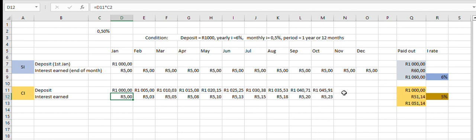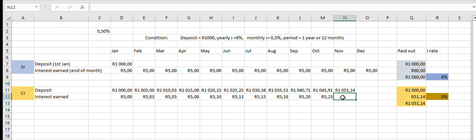So my capital in November will be equal to the capital that I started with in October plus the interest that I earned at the end of October. So it means that my capital that I'm going to start with in November will be 1,051 rand and 14 cents.